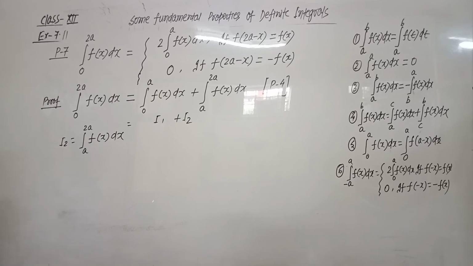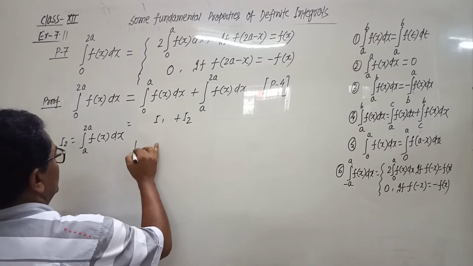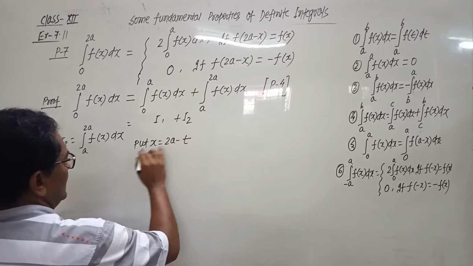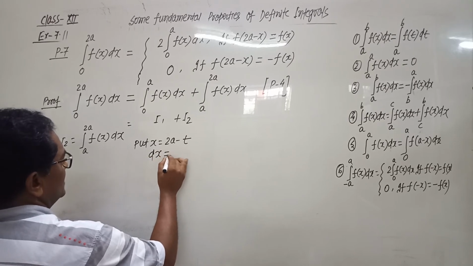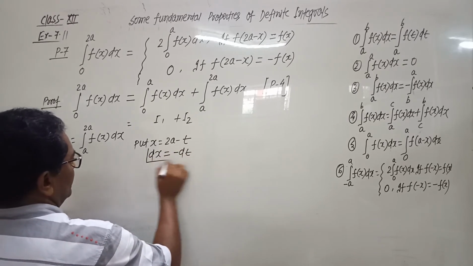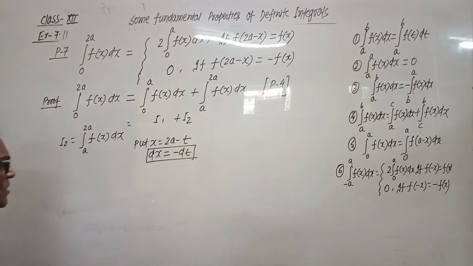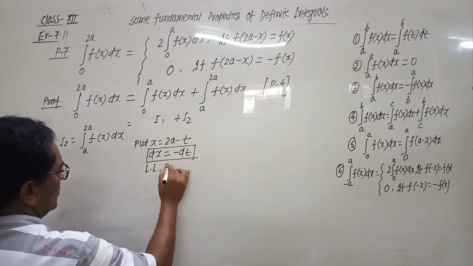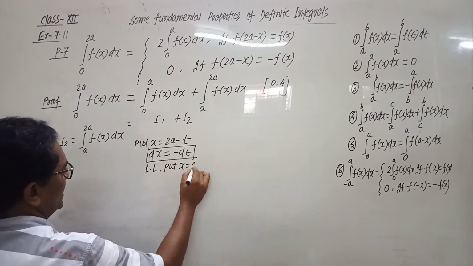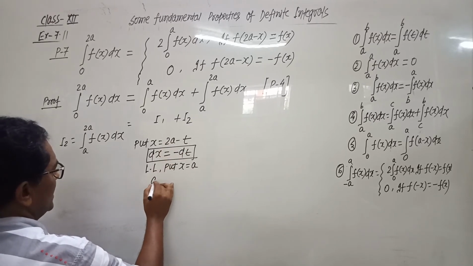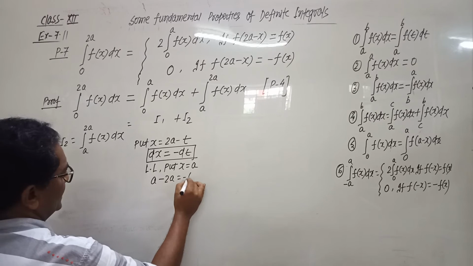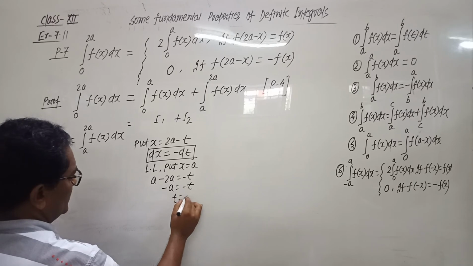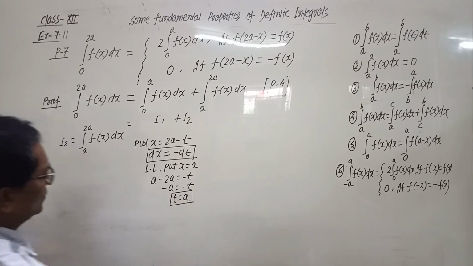Now put x equals 2a minus t and differentiate both sides. So dx equals minus dt. Differentiation of 2a becomes 0 because it is a constant quantity. Now for the lower limit, put x equals a, then we get a equals 2a minus t, so t equals a, which is the lower limit.